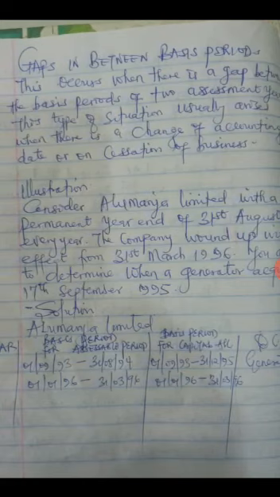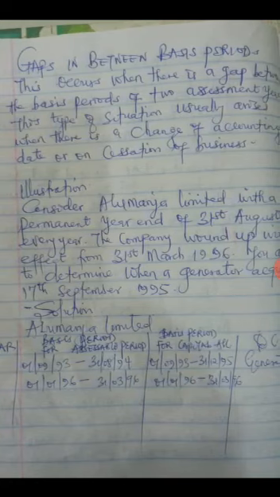So for a gap arising as a result of cessation, allocate assets to the earlier tax year. When a gap arises as a result of a change of accounting date, allocate assets to a later year.